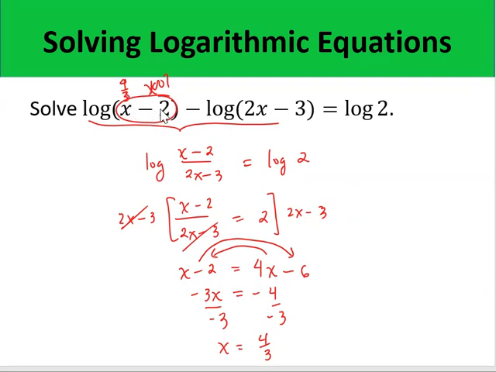In that case, our equation here doesn't have a solution. This one is not a solution of the given equation because it violates the positive property of the parameter. So this equation has no solution.